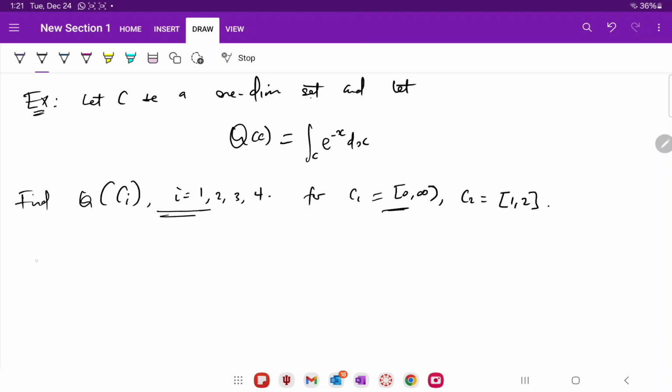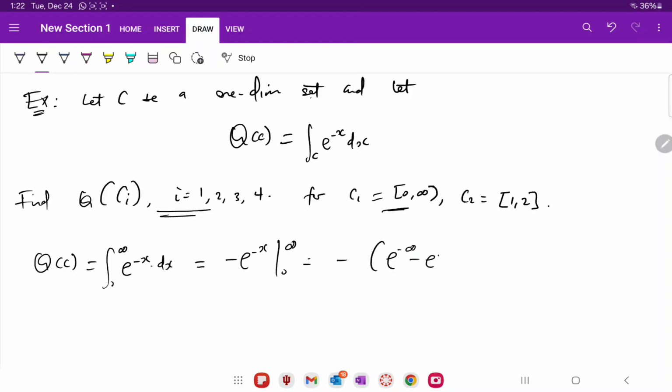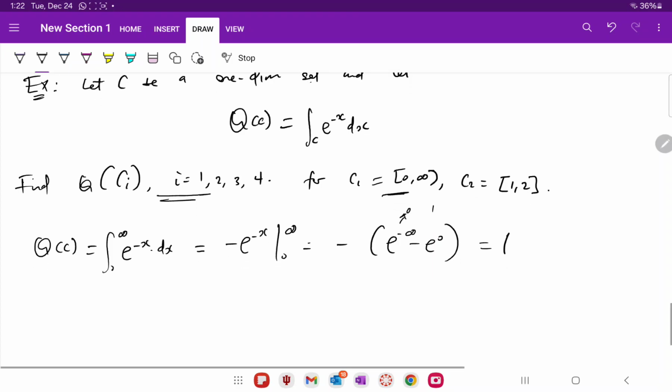So we have Q of C equal to, for this point, 0 to infinity of exponential minus x dx. So if we integrate this, we have minus exponential minus x from 0 to infinity, minus exponential minus infinity minus 0, and then this is equal to 1 because this is equal to 0, and this is equal to 1. Then for the second, this for C1, for C2.